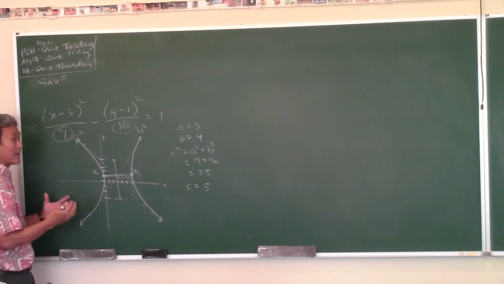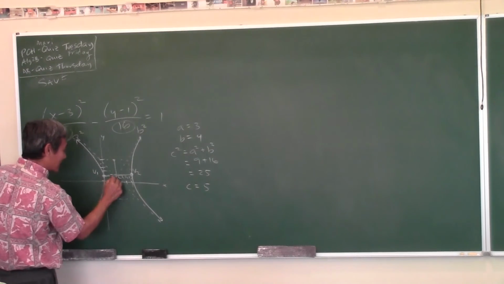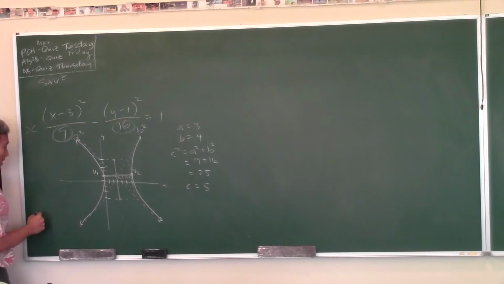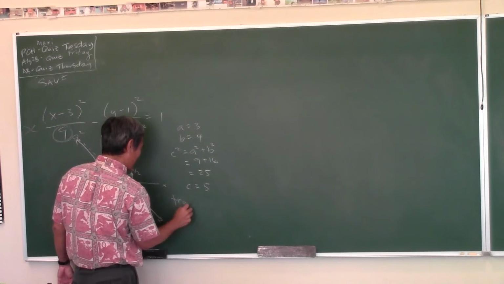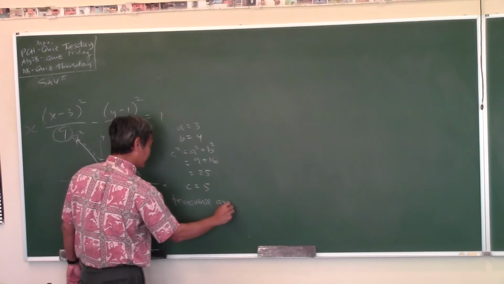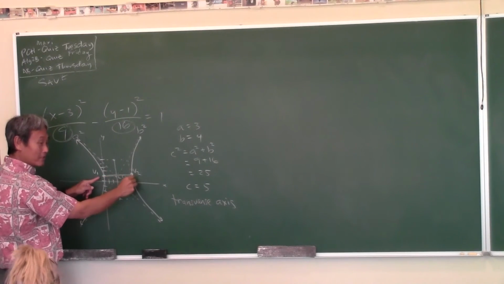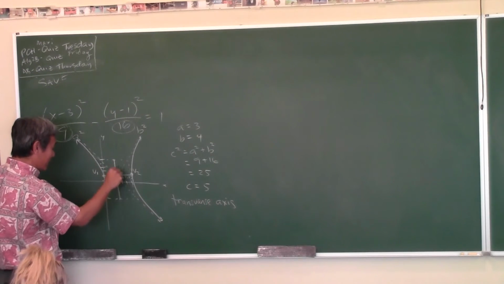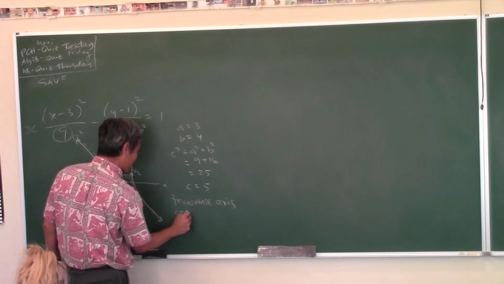So that's why we cannot use major and minor axis just like the ellipse. So the axis that connects the 2 vertices is called the, did anybody read the book? Of course not. It's called the transverse axis. That's the one that connects the 2 vertices. And the one here that doesn't connect anything, we call that a conjugate axis.